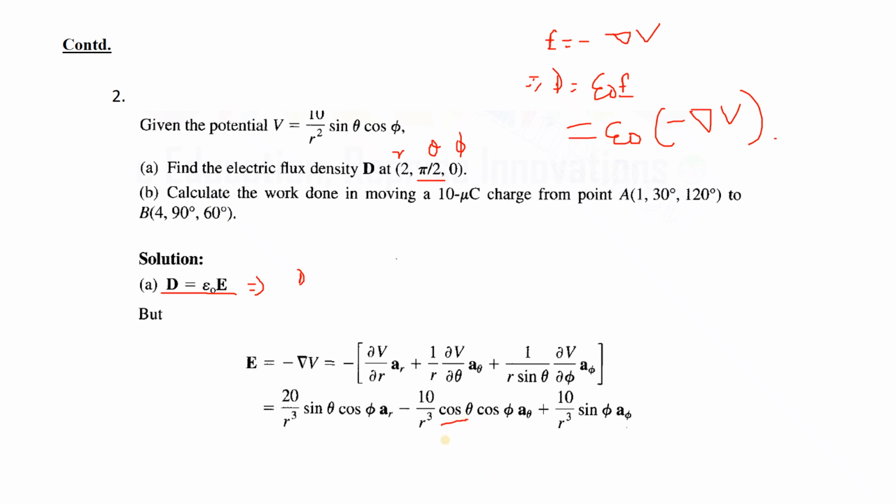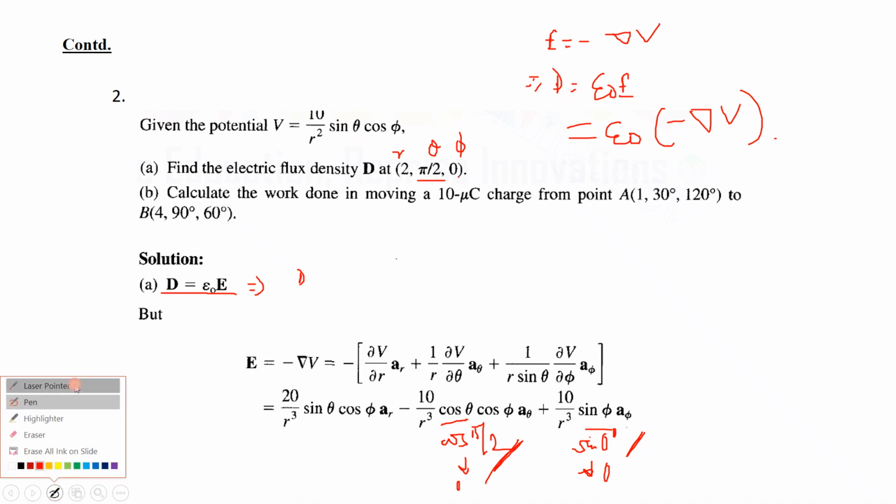If you put theta as pi by 2, then cos pi by 2 means it is 0, so this term will be 0. And phi is 0, so here we write sine 0 degree or 0 radian, so it is also 0. That is why this middle term and this last term give a 0 result.